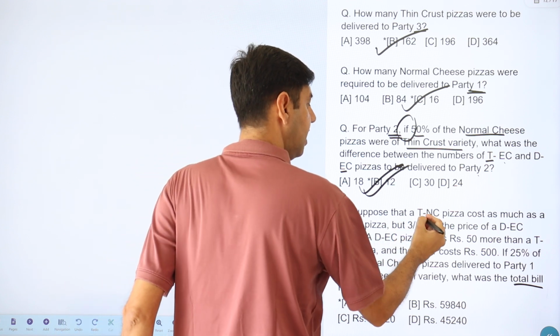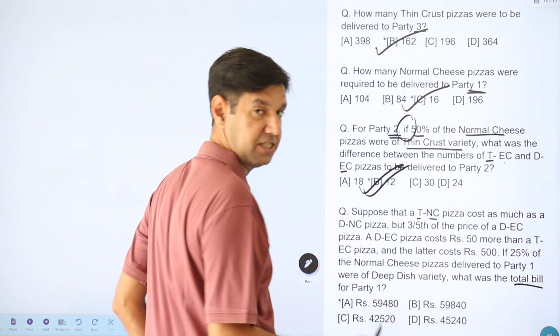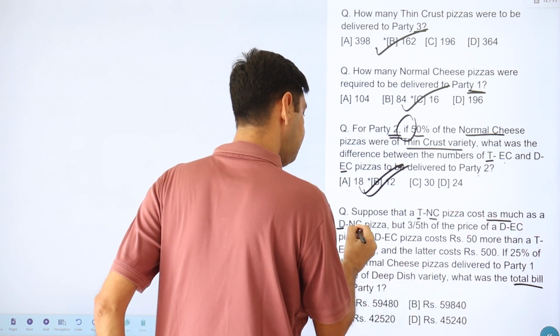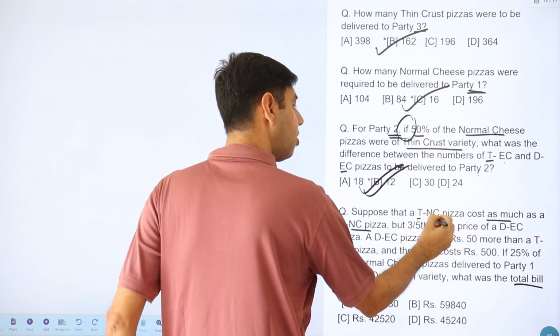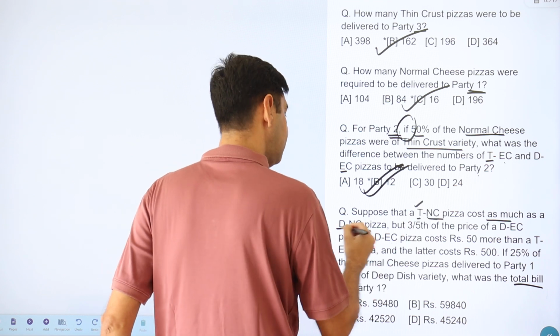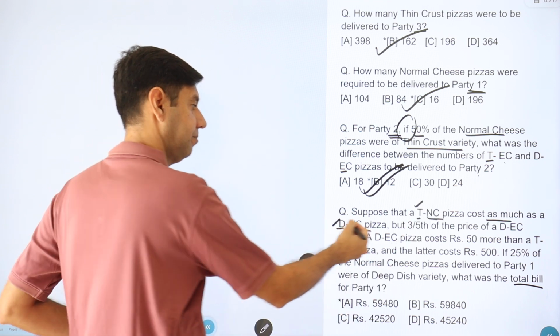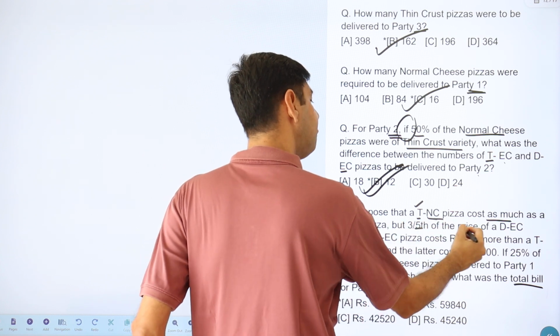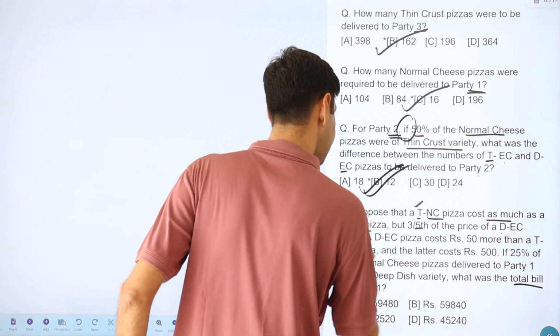Suppose that a thin crust non-cheese, so we are inside the grid, costs as much as a deep dish non-cheese. Oh, so for a non-cheese, whether you buy thin crust or deep dish is the same. But as much as this, but 3/5 of the price of deep dish extra cheese pizza.